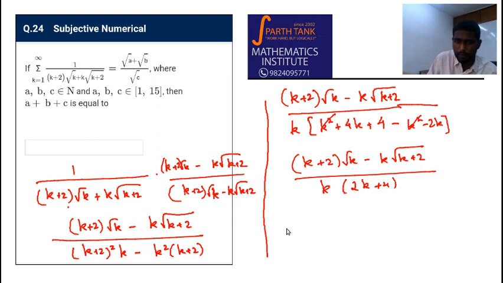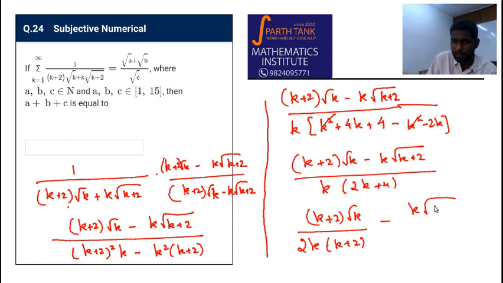If I take 2 out, this becomes like, if I separate the terms, both terms, k plus root k, k plus 2 root k by k into, I'm just taking the 2 common out, I get k into k plus 2, and here I'll get the same thing, like 2 into k, k plus 2.